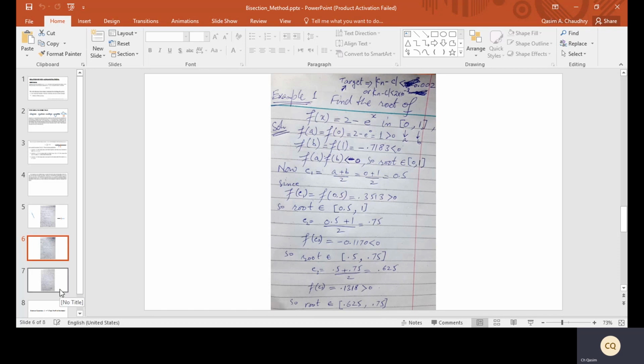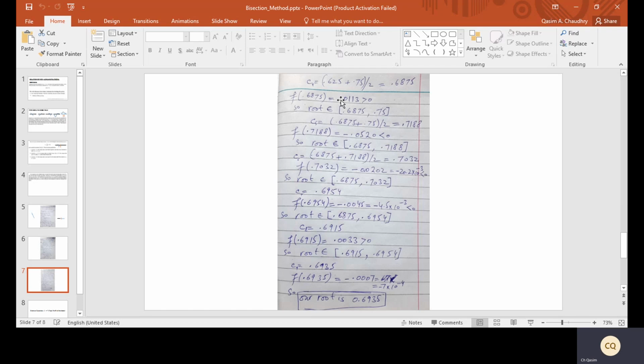So let's continue, students. c4 is again making the half interval, so the middle value is 0.6875, and this is positive. Students, this is positive, and at 0.75 this was negative, so the root lies between this interval.